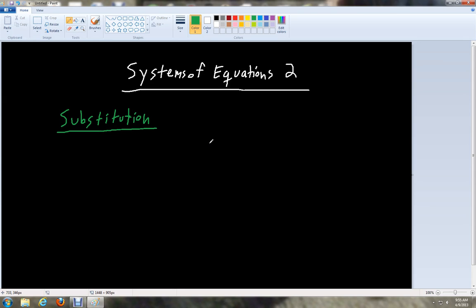Think of substitution like a sports analogy: when you have a basketball team and a certain player on the court is tired, the coach will substitute another player, a fresh player in place of him who is more ready to play. There's also another example, like ordering at a fast food drive-through, where you want to substitute onion rings in place of French fries.